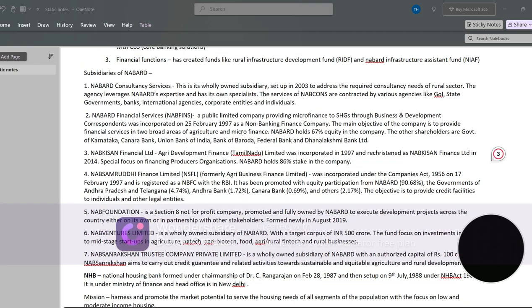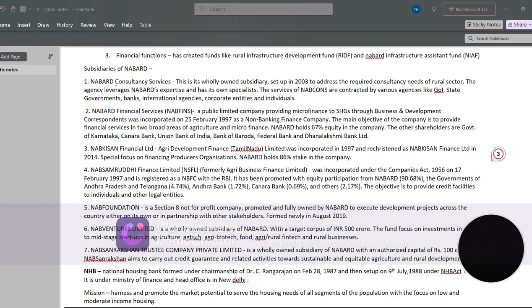Now there are seven subsidiaries of NABARD. First is NABARD Consultancy Services. This is a wholly owned subsidiary of NABARD. It was set up in 2003 and it gives consultancy for the rural sector.